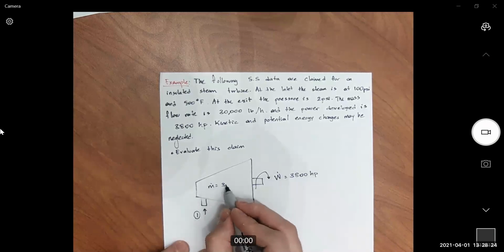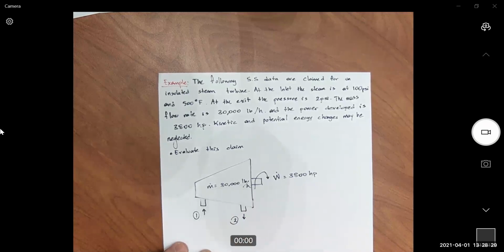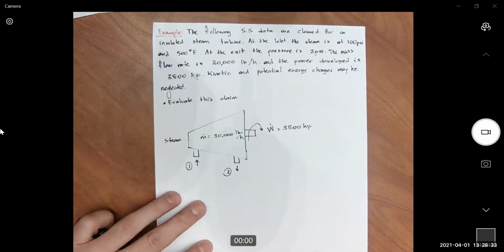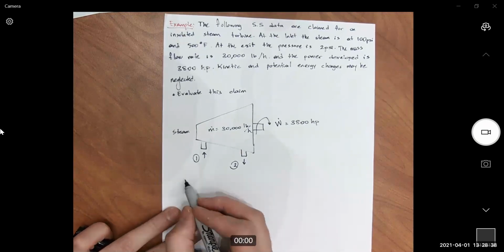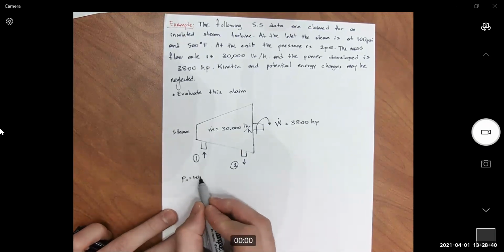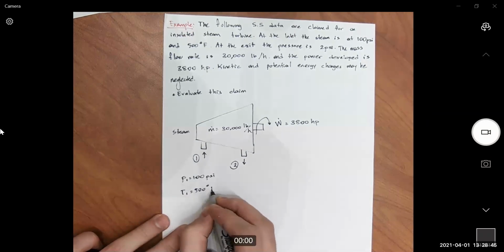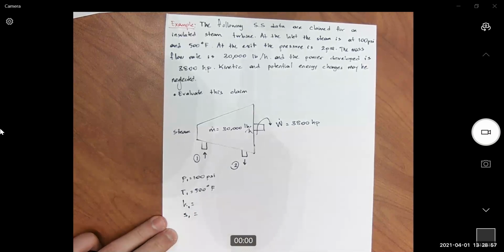Mass flow rate is 30,000 pounds per hour, and the working fluid is steam. Pressure at the inlet is 100 psi, temperature 500 degrees Fahrenheit. Enthalpy and entropy I can read from the table because I know pressure and temperature.